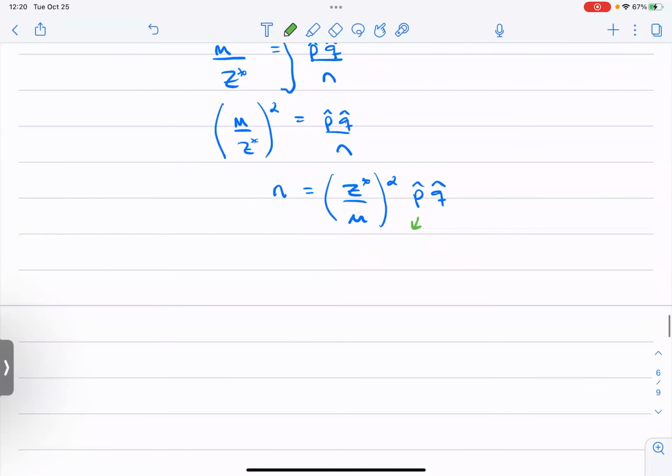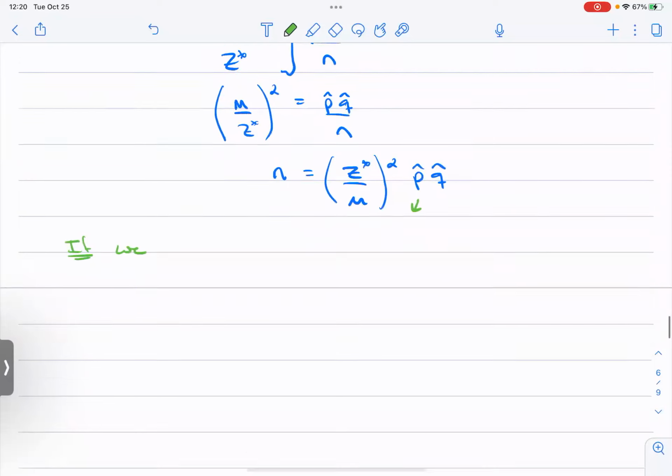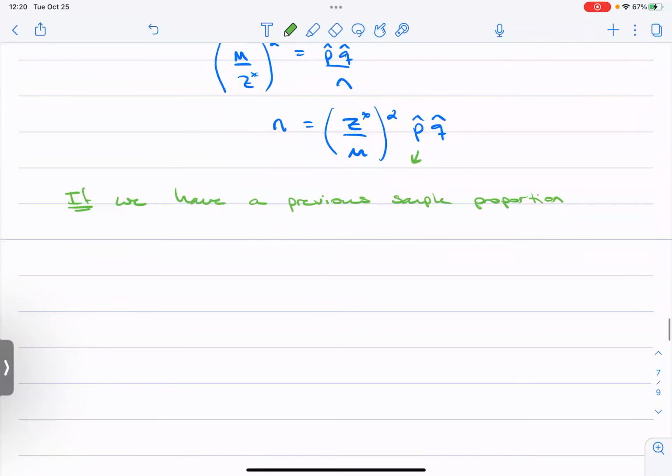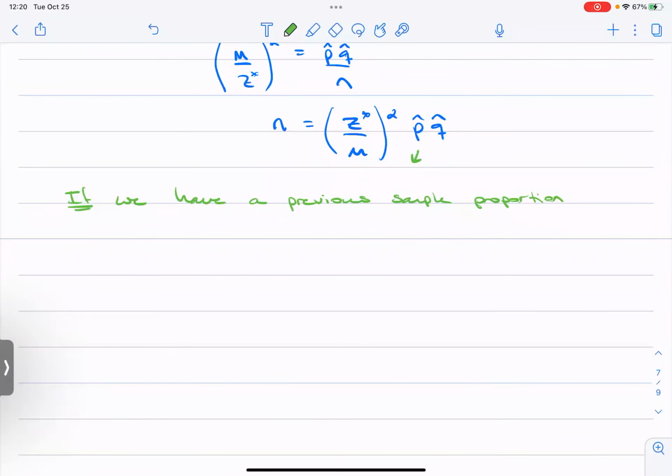I know I'm out of time here, but if we have a previous sample proportion, we can use that as p hat.